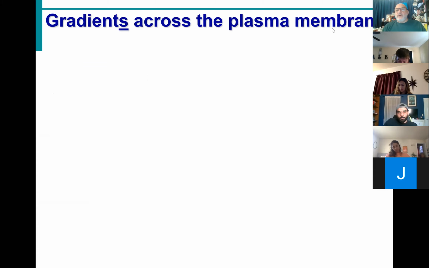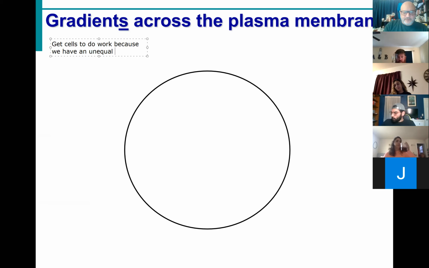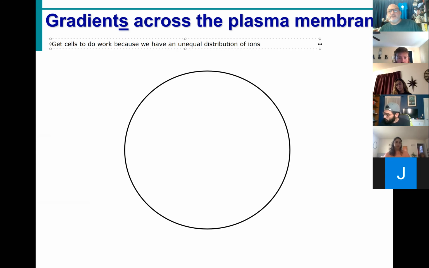All right, so as we talked about before, one of the main ways we get cells to do work is by having an unequal distribution of ions inside and outside of the cell.